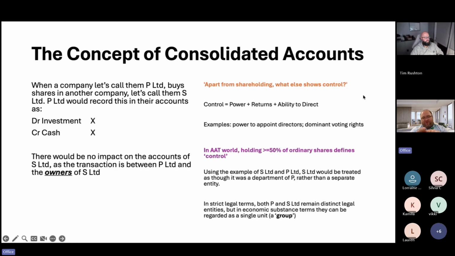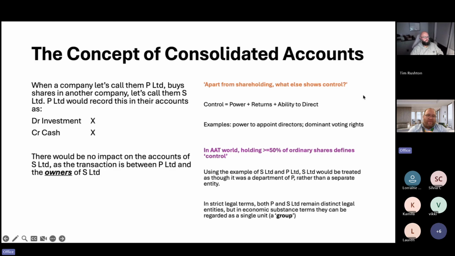Then P Limited would record that into their accounts as a debit to investment and credit to cash or bank, or however else they paid for the investment. So we've got an asset related to the investment, and we've reduced either a bank asset or a cash asset by the amount of the investment.